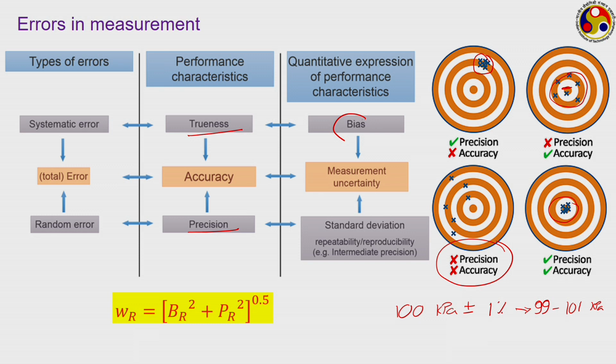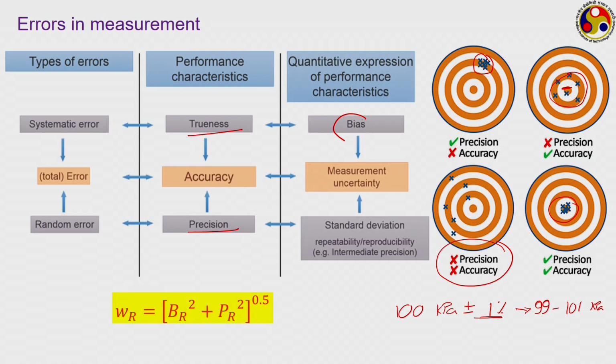Actually, whenever we are getting such kind of plus minus some percentage or some fraction, be careful about the details of this. Most often than not, this refers to plus minus 1% of the value, but there may be several situations where actually it is given as plus minus 1% of the full scale of your instrument. That means, suppose the same pressure gauge can give you a reading up to 400 kilopascal.